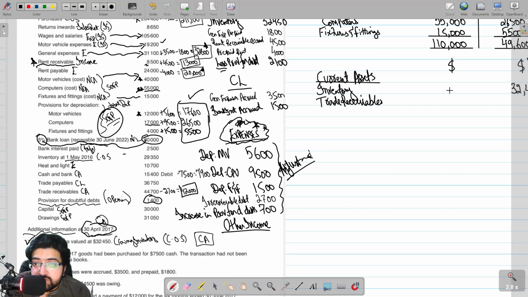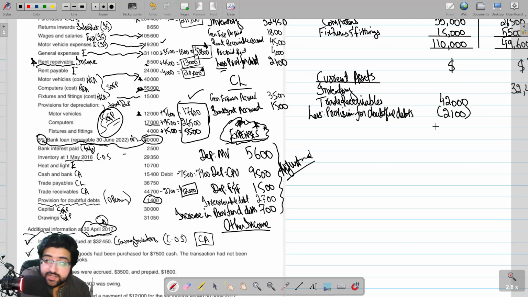But we will use the first column for trade receivables only because we have to less provision for doubtful debts from it. Take it to get the final value or the accurate value of my trade receivables. So 42,000 minus 2,100.